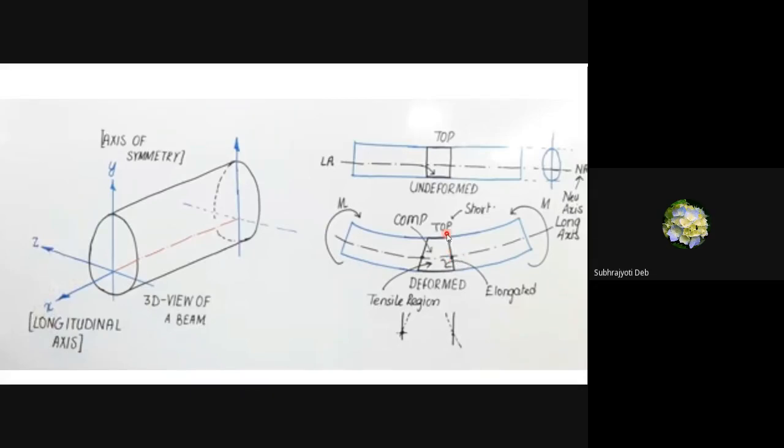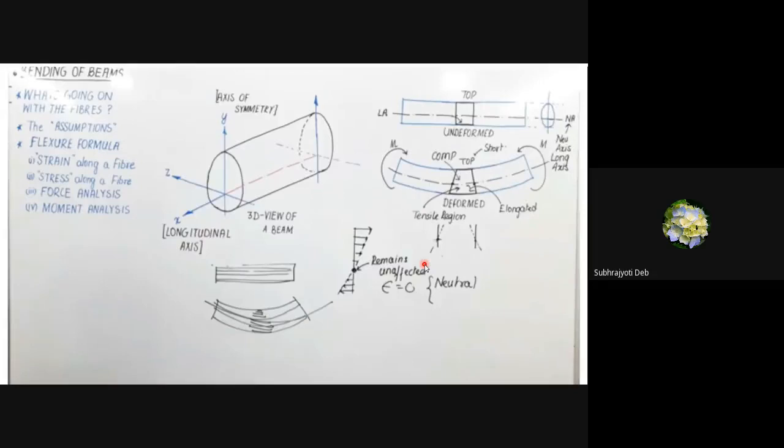in the upper part it will be compression, and in the lower part it will be tension, isn't it? In the top fiber, see, these points have compressed. If you go upward, this will have compression, and in the downward side it will be in tension. Just consider this.